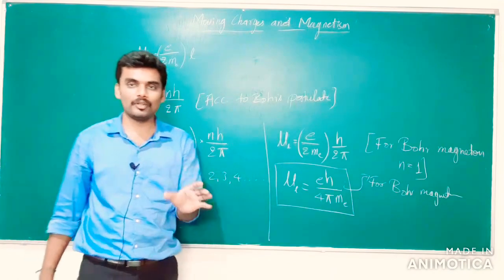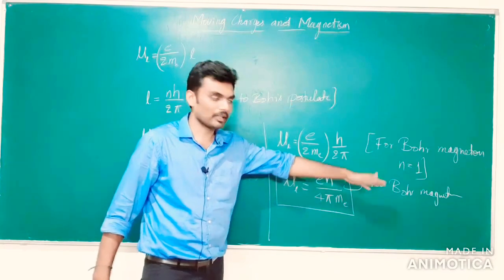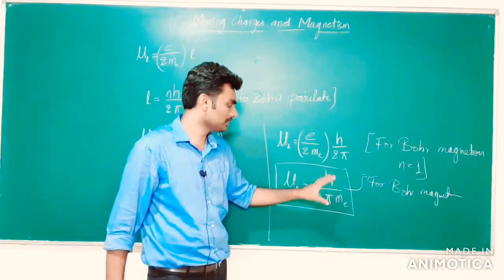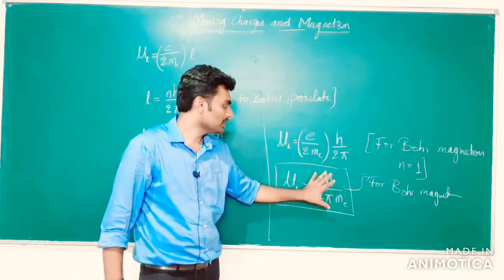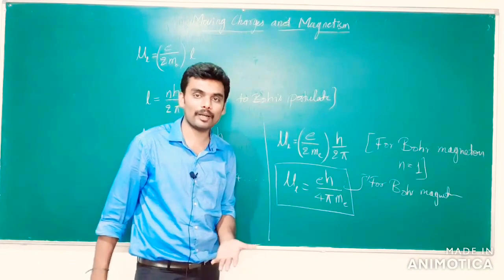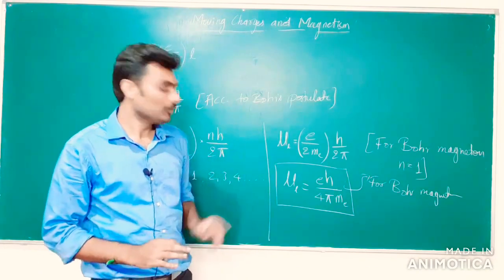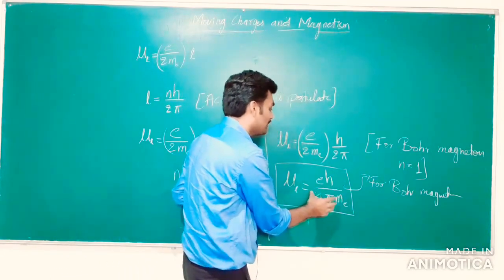See, if I am naming a value as something like Bohr Magneton or any constant, all the terms in the defined quantity should be a constant. So when I say Bohr Magneton, the value of Bohr Magneton is fixed, it's a constant, because if you see here, all the terms in the RHS are all constants.